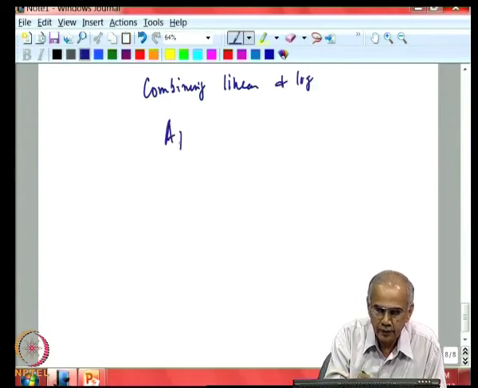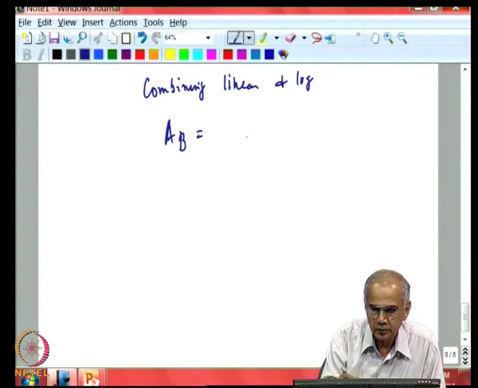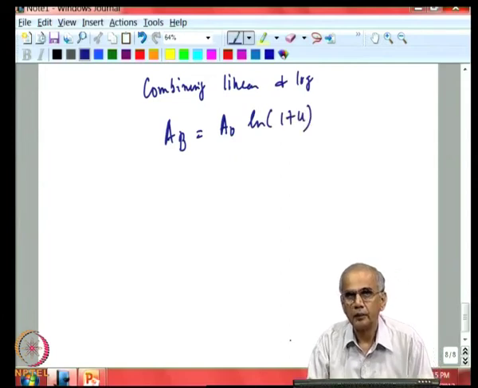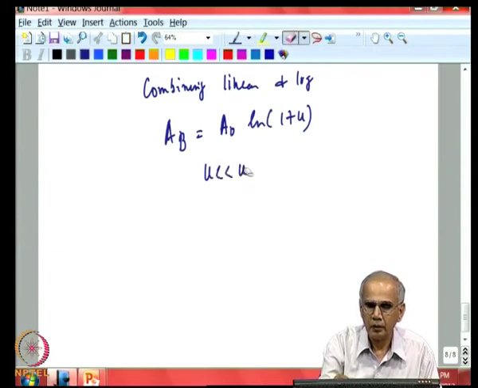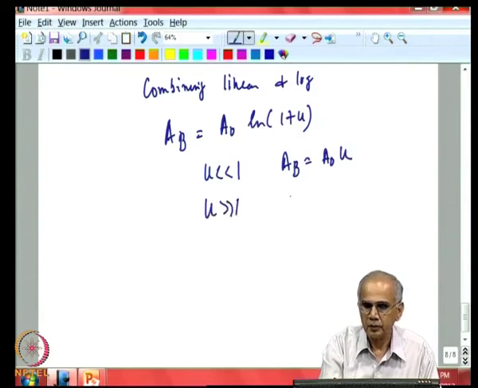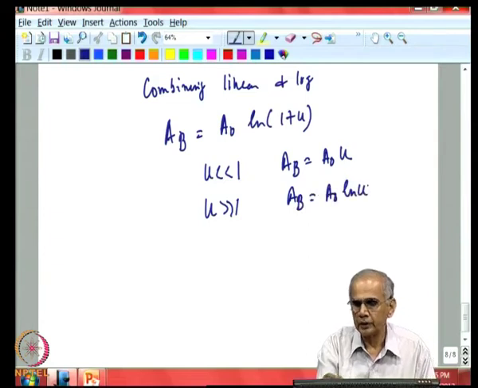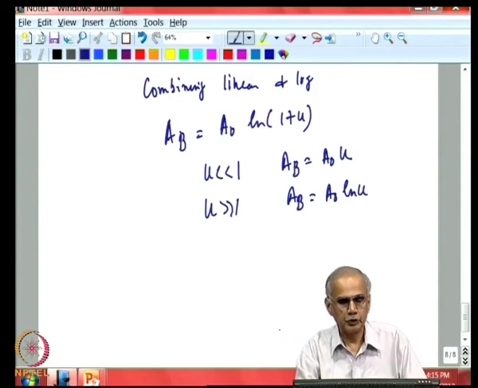You can write A by B is equal to A0 into log of 1 plus u. The advantage of this expression is that for small u it will go as u, and for large u it will go as log u.